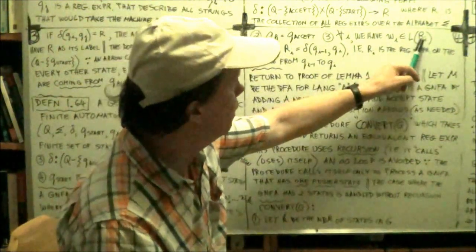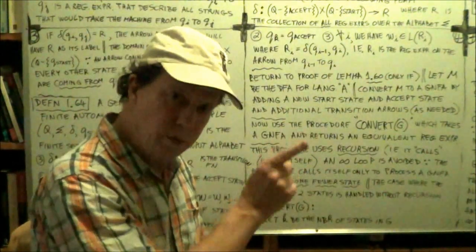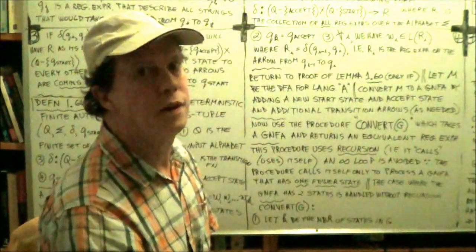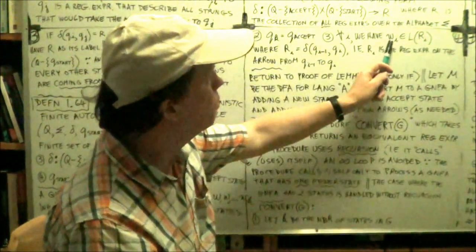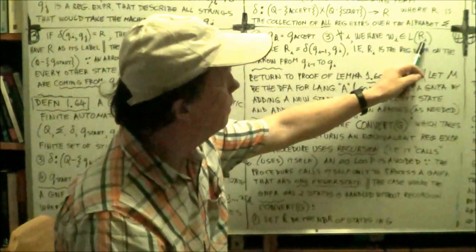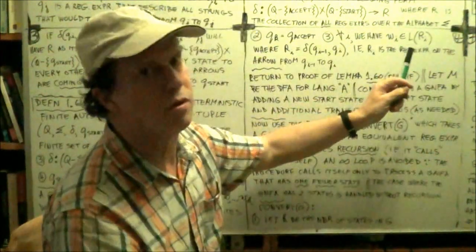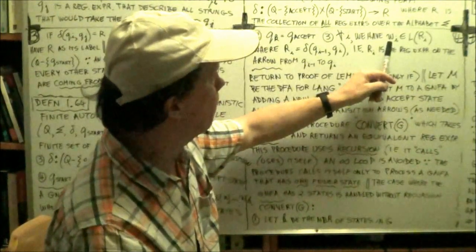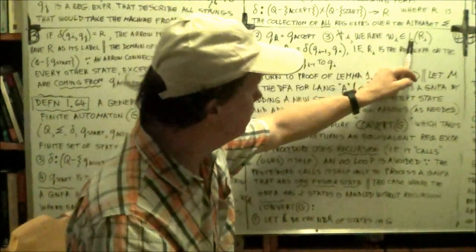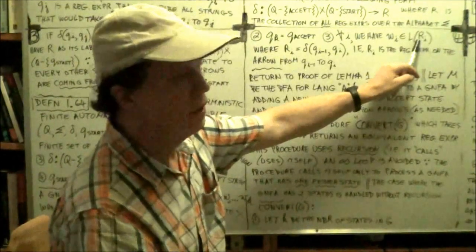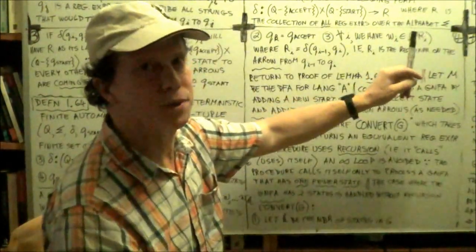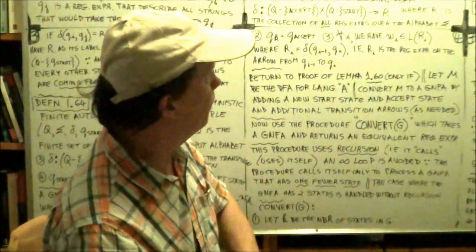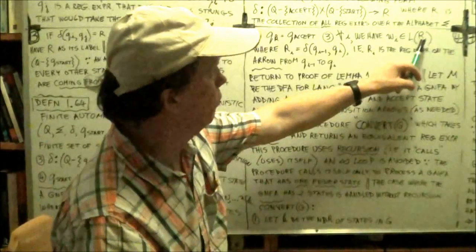And let's say Ri is the label on the transition arrow from this state to that state. So this substring then matches the regular expression here, or equivalently, it's saying the same thing in different words, this substring is a member of this language. The regular expression describes a language, the set of all strings that you can generate with this regular expression.